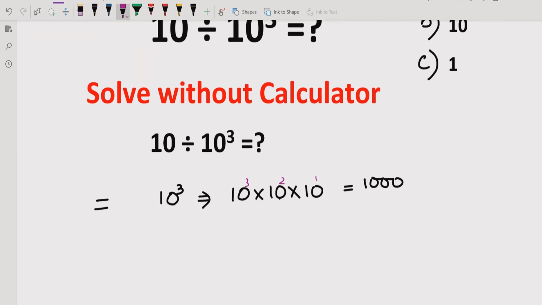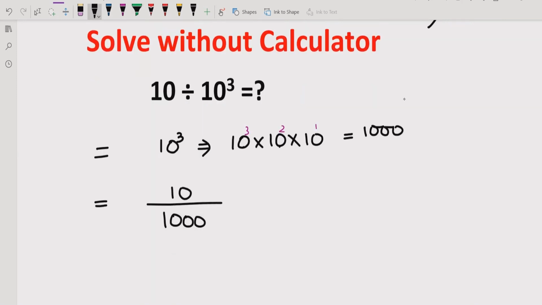Now we have to divide 10 divided by 1,000, right? So here we have to solve in a very easy way, and you don't need to use the calculator.